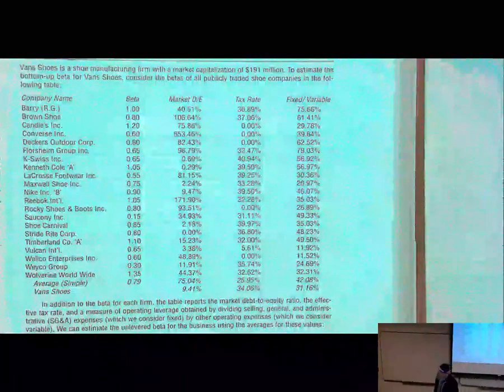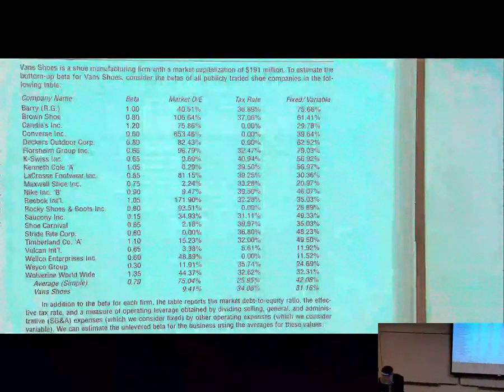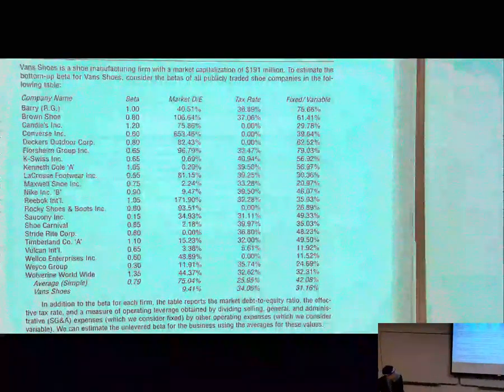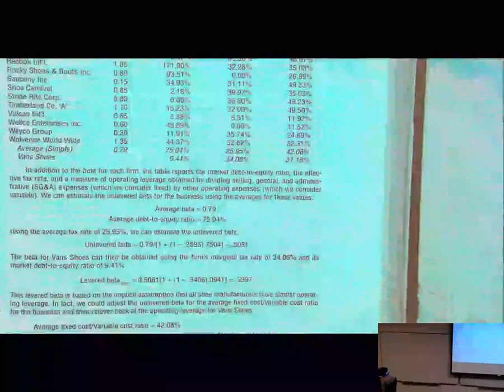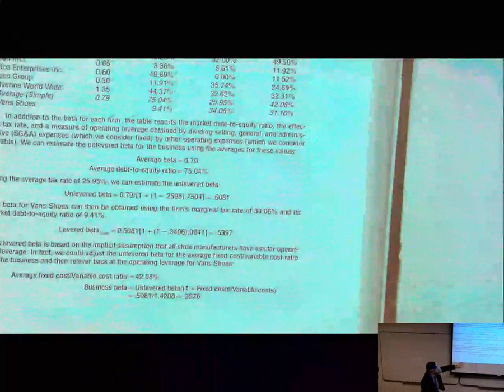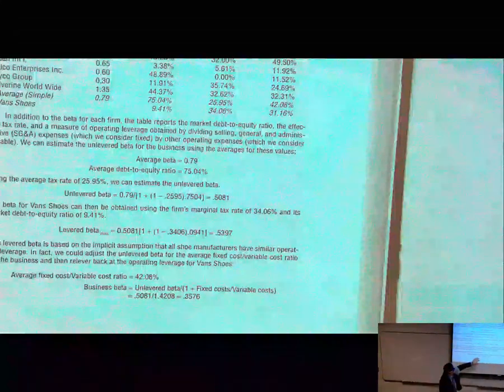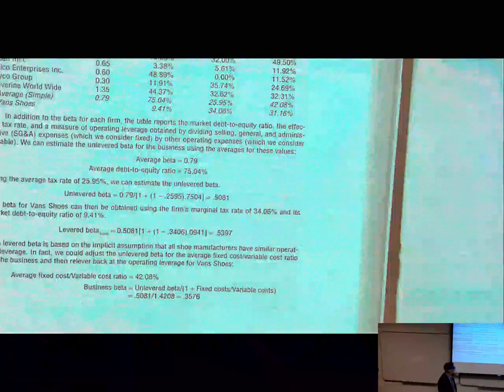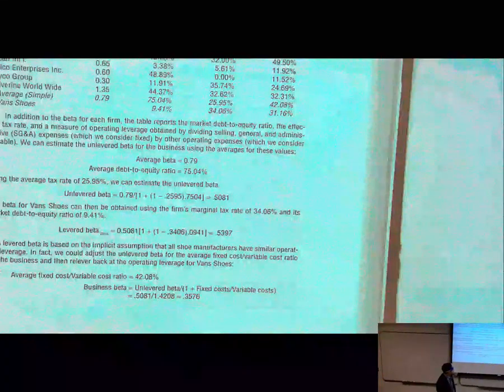So how do we address this issue? Well, use the business beta equation. Business beta equals unlevered beta times 1 divided by 1 plus fixed cost versus variable cost. That will give you 0.3576. Actually, this is the first step.